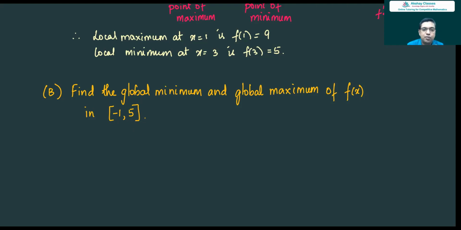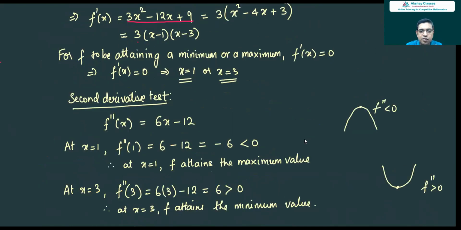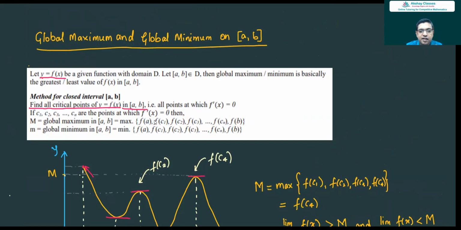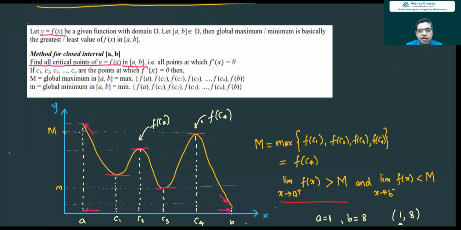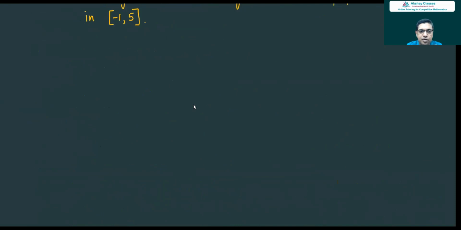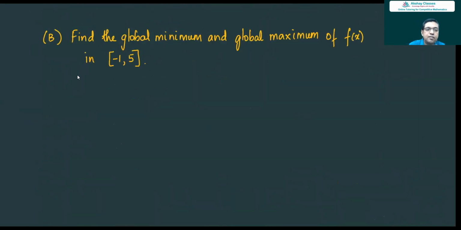So what we should do, according to the previous discussion, is find the critical points and the end points of the interval, and then identify and choose the minimum and maximum values. We already found the critical points.